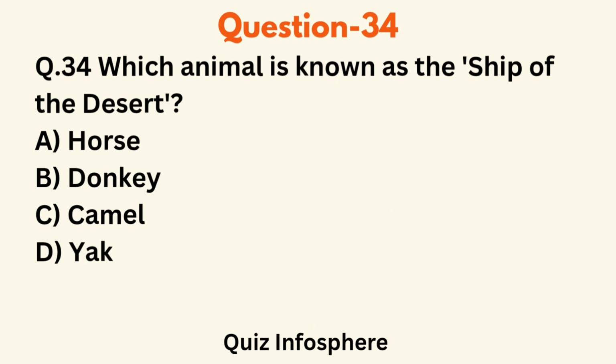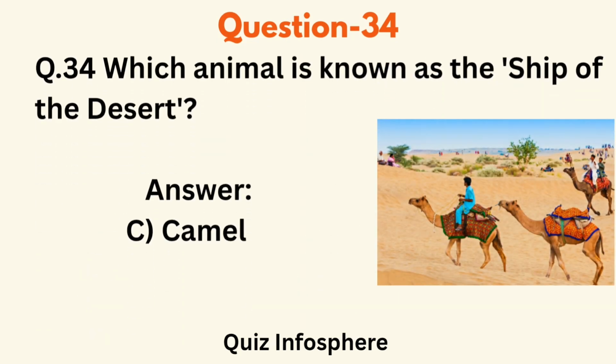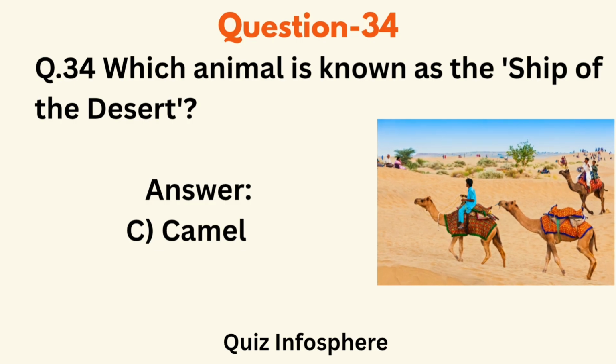Question 34. Which animal is known as the ship of the desert? Horse, donkey, camel, yak. The correct answer is option C, camel.